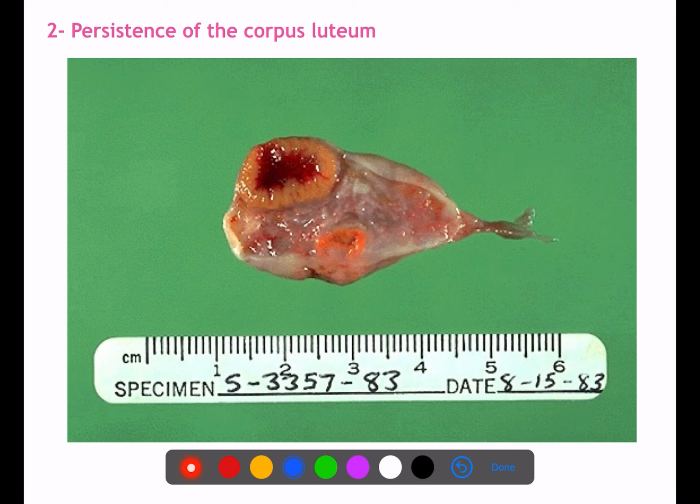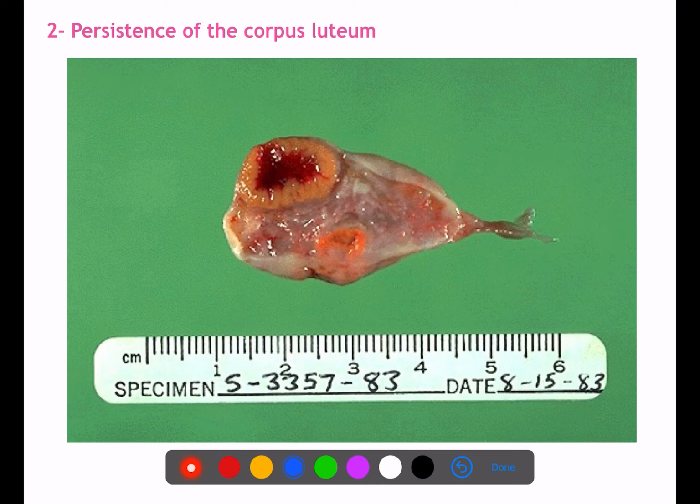Also, we have a condition called persistence of corpus luteum. The persistence of corpus luteum differs from corpus luteum cyst. Corpus luteum cyst follows failure of ovulation. A follicular cyst is produced, and the follicular cyst continues to proceed to form a corpus luteum cyst.